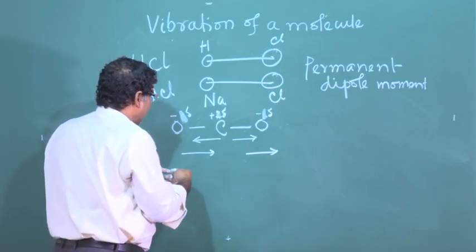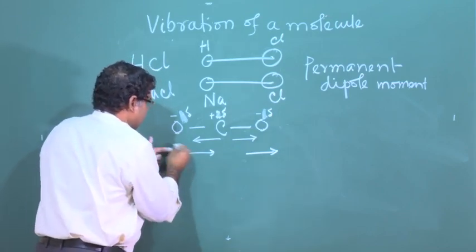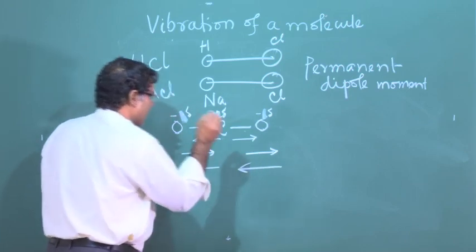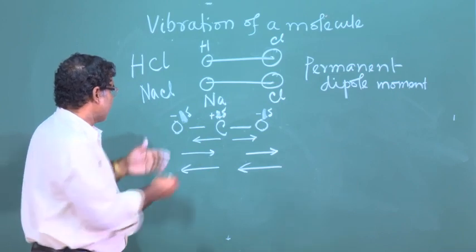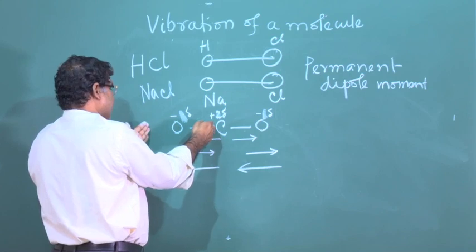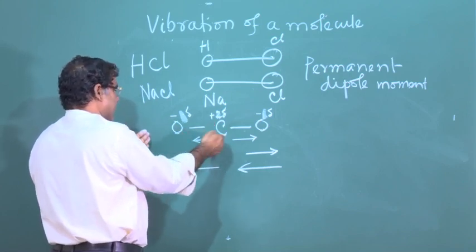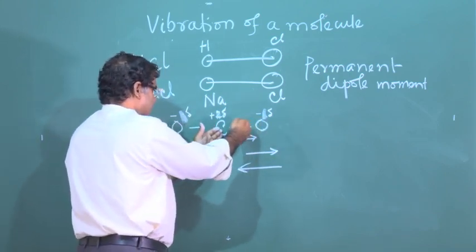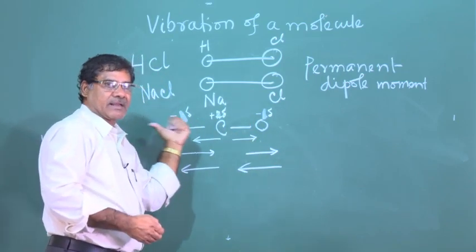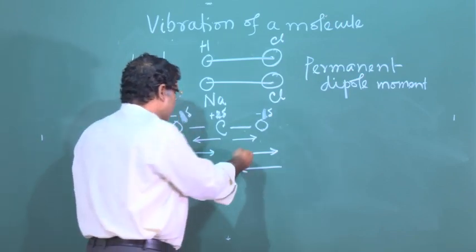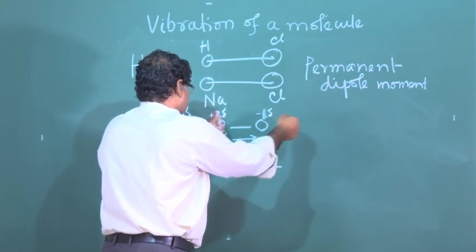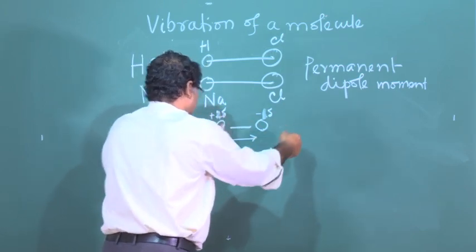If it vibrates like this, going this side, going this side, the same thing: this will increase so the dipole moment is higher, this will decrease so the dipole moment is lower. So, there is a net dipole moment in this direction, due to vibrating in the same direction, either this way or that way.